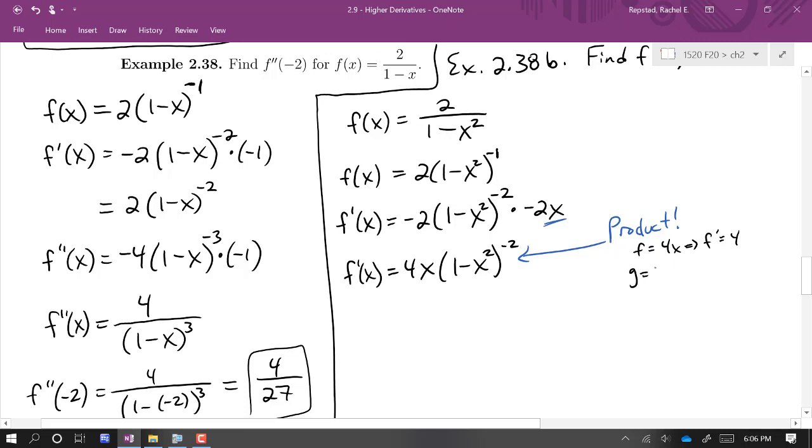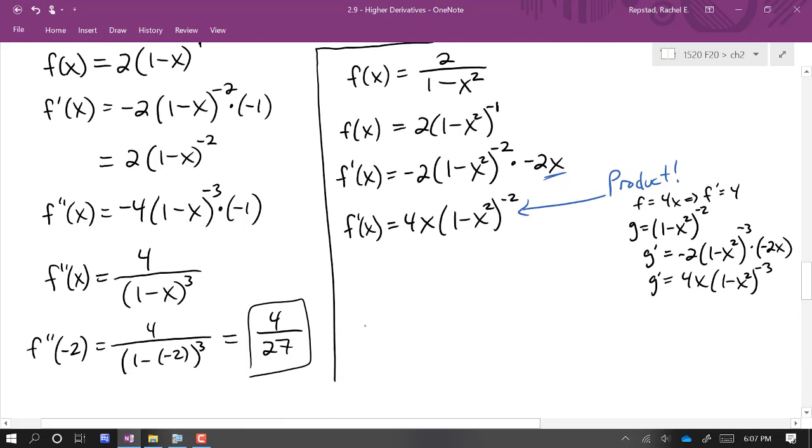Our g function is 1 minus x squared to the negative 2. And so g prime is minus 2, 1 minus x squared to the negative 3 times a negative 2x. So positive 4x, 1 minus x squared to the negative 3. There's our g prime.